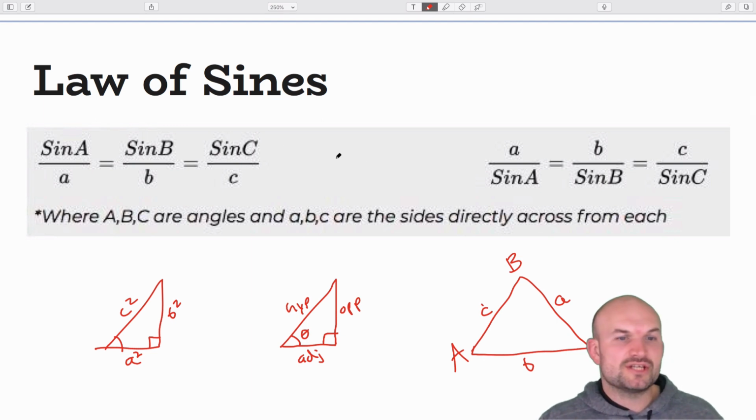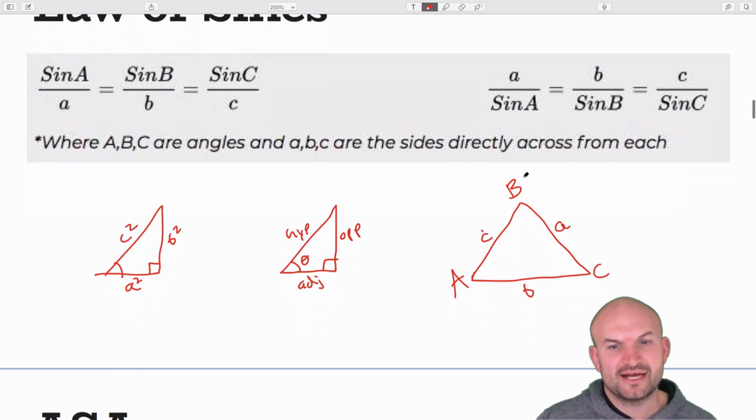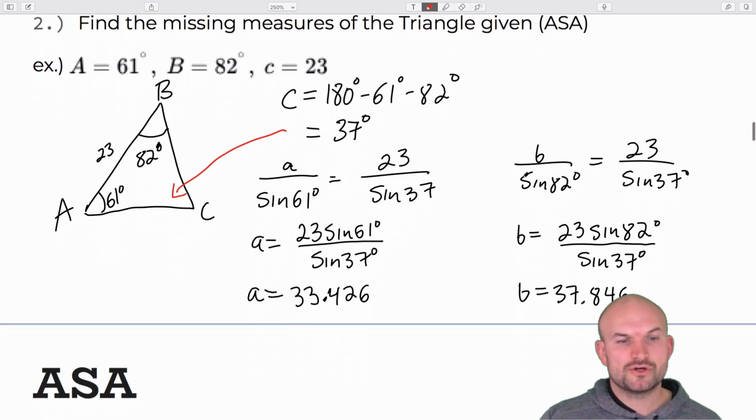So when we want to solve for an angle, we're going to want to use this proportion, because you can notice that our angles are inside of the numerator. However, if we're trying to find a side length, then we're going to want to use this proportion, because the side lengths obviously are in the numerator. So quick little tip that I did not cover when I was going over there.